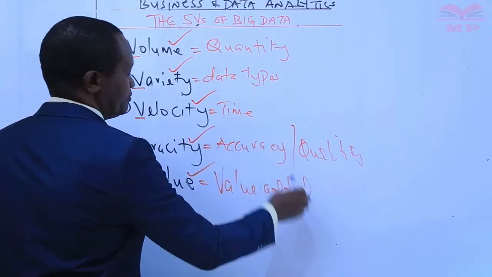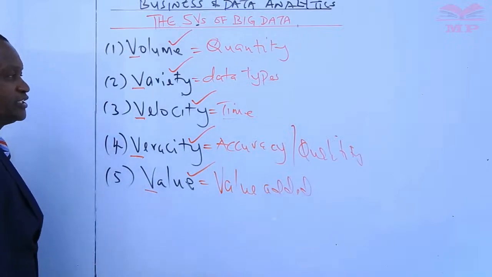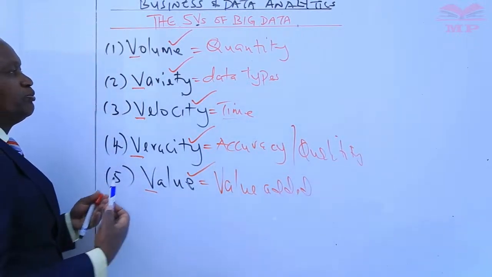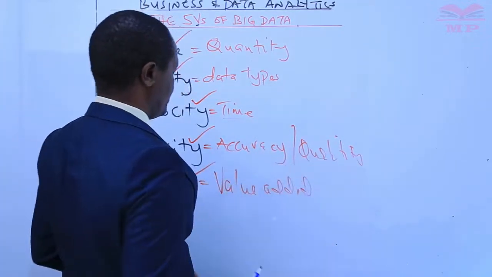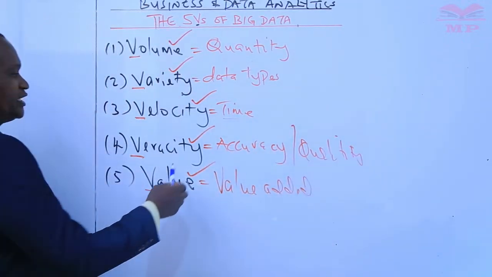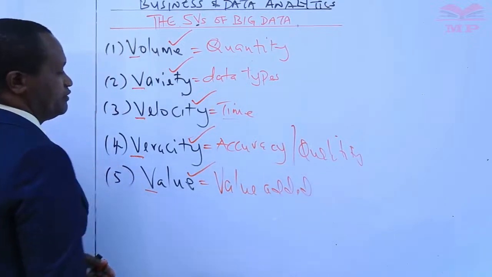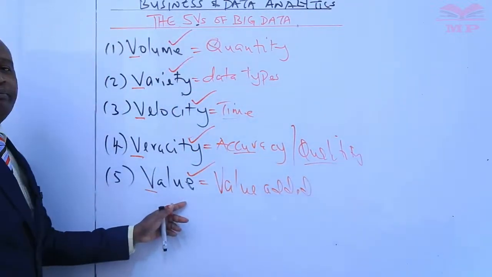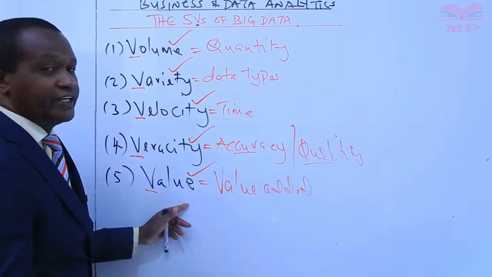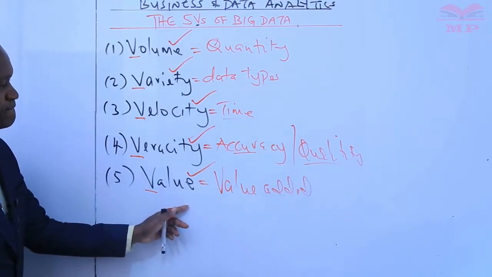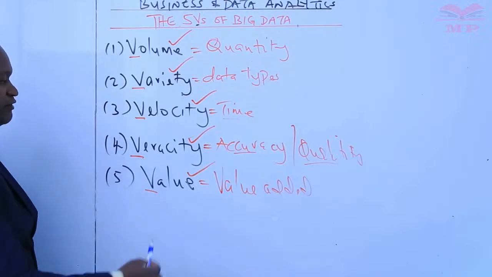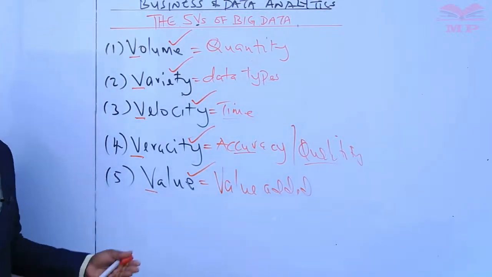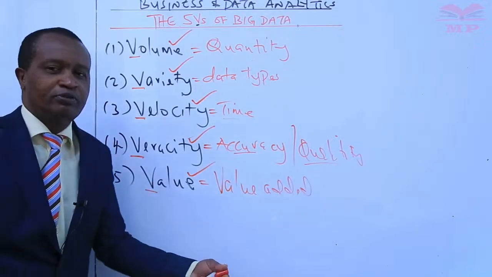Velocity refers to the time that the organization takes to generate big data and to process or analyze it. Veracity, on the other hand, refers to the accuracy or quality of big data. Then lastly, value, which refers to the value that big data can provide.